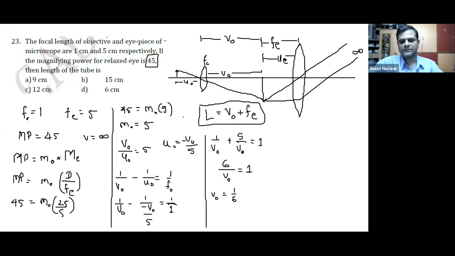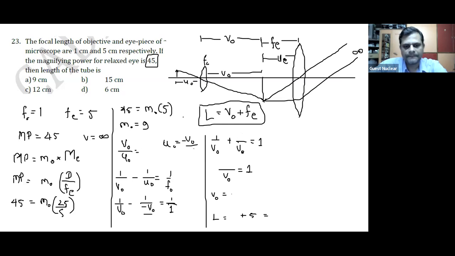So once we get it, we can just use the formula for this length of the telescope. So length of the telescope will actually be, sorry, microscope will be 1 by 6 plus FE, which is 5. Yes, actually here it should be 5 and here it should be 9 actually. तो यहाँ पे 5 आएगा और this should be 9.